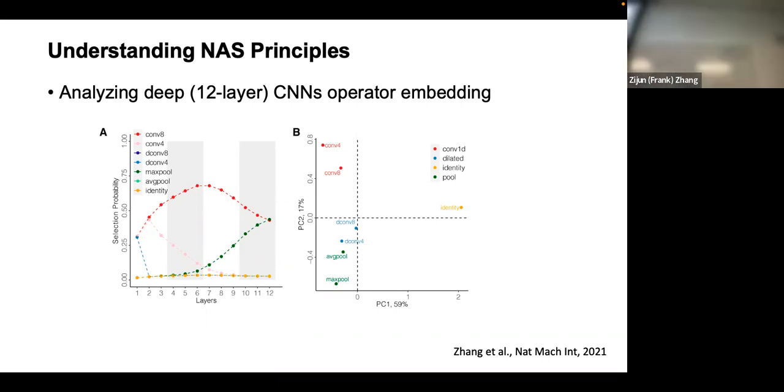You can see that this red operator, which corresponds to a convolution with a kernel size of 8, is preferred from the beginning all the way to the middle. After layer 8 or 9, it starts to decrease, and the probability of selecting the max pooling layer starts to increase.